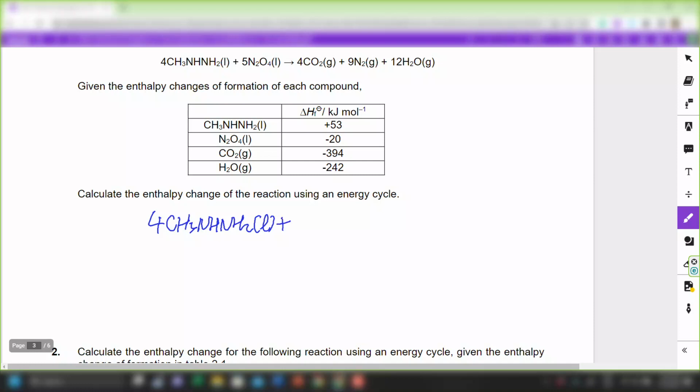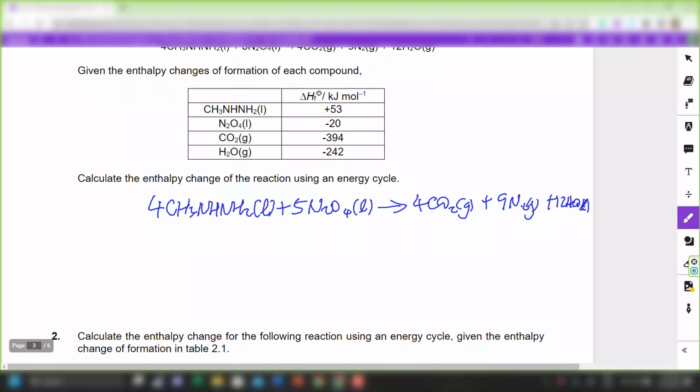Plus 5 N2O4 in the liquid phase, and then I'm going to get 4 CO2 gas plus 9 N2 gas, and then plus 12 H2O liquid.